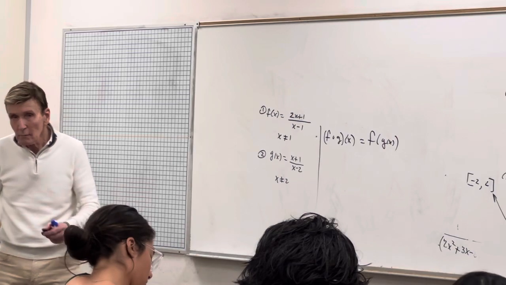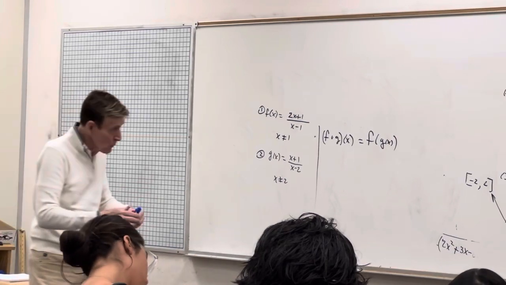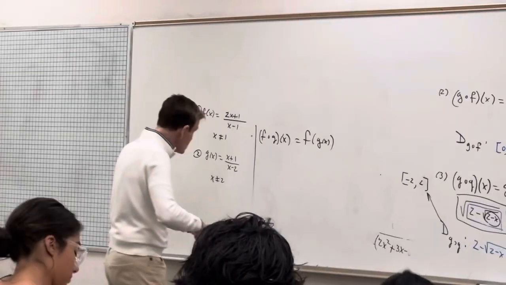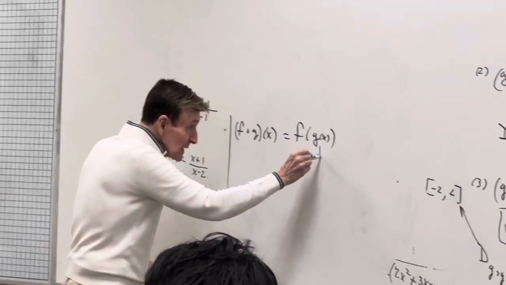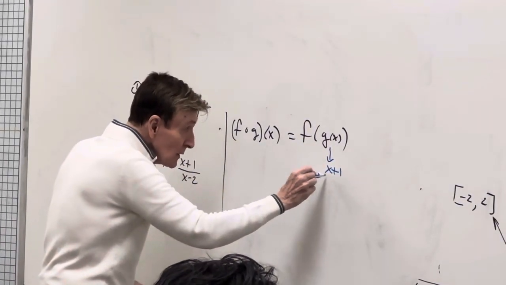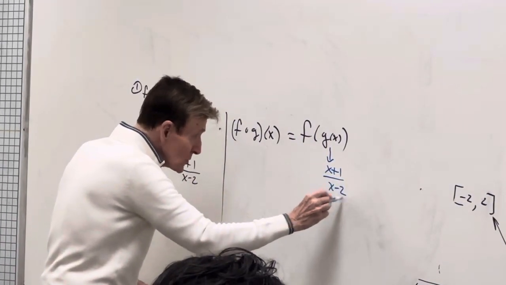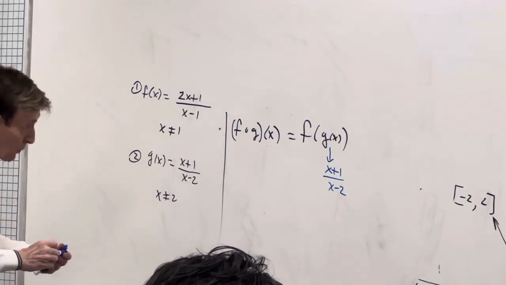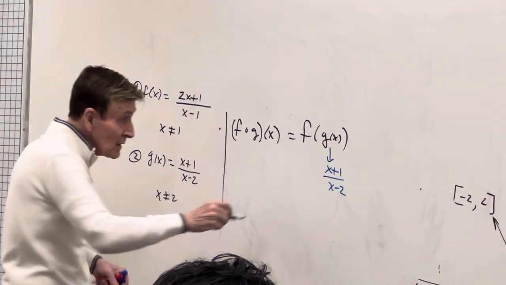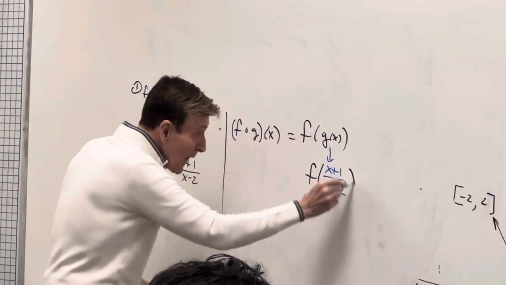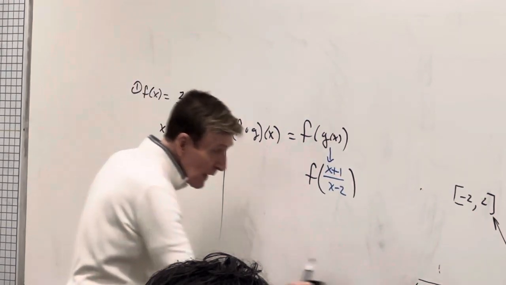Same routine, we've got some strange functions to work with, no square roots here. g of x is x plus 1 over x subtract 2. And of course, I have f out front of that.